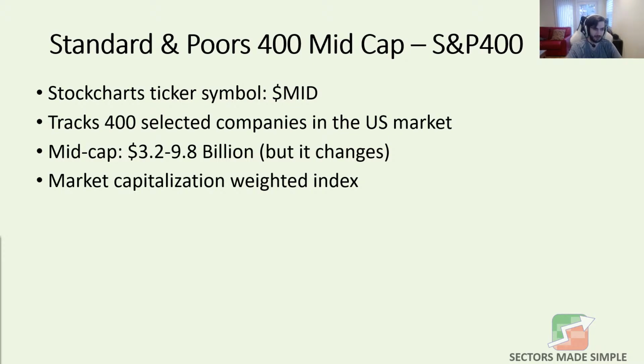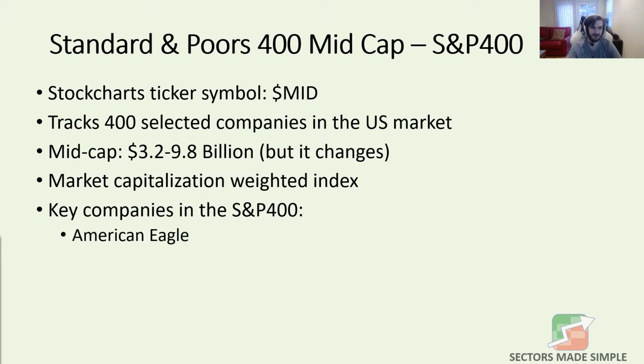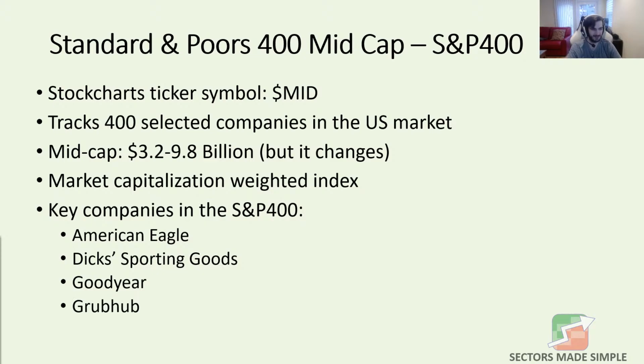And I'll just go through a couple of the flavors of icing that we have inside of this cake, some of the key companies that we have within the S&P 400 that you may be familiar with. Apparel company American Eagle, Dick's Sporting Goods, tire and rubber company Goodyear, Grubhub, and H&R Block.